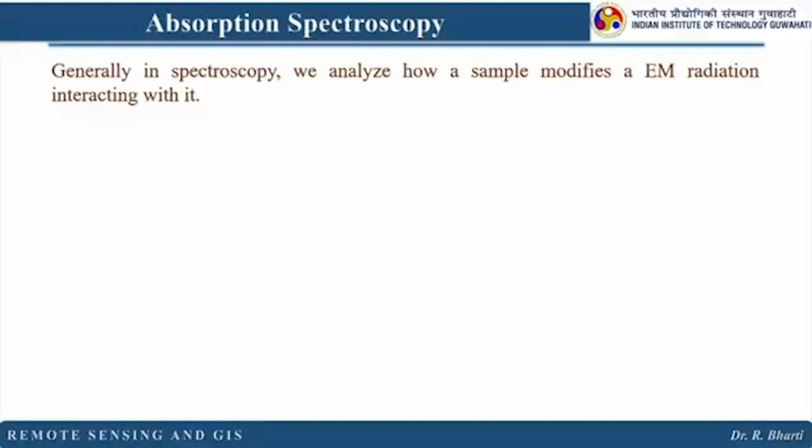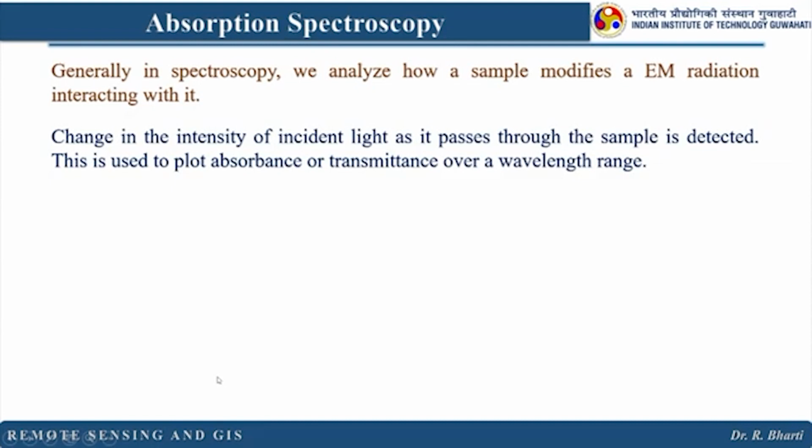In absorption spectroscopy, we analyze how a sample modifies electromagnetic radiation interacting with it. Basically we see how it is interacting and what the end result is. The change in the intensity of incident light as it passes through the sample is detected. This is used to plot absorbance or transmittance over a wavelength range.